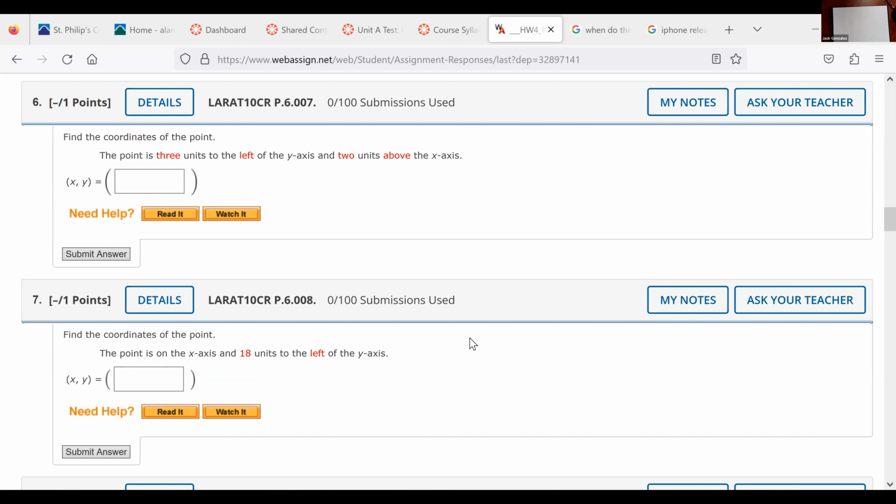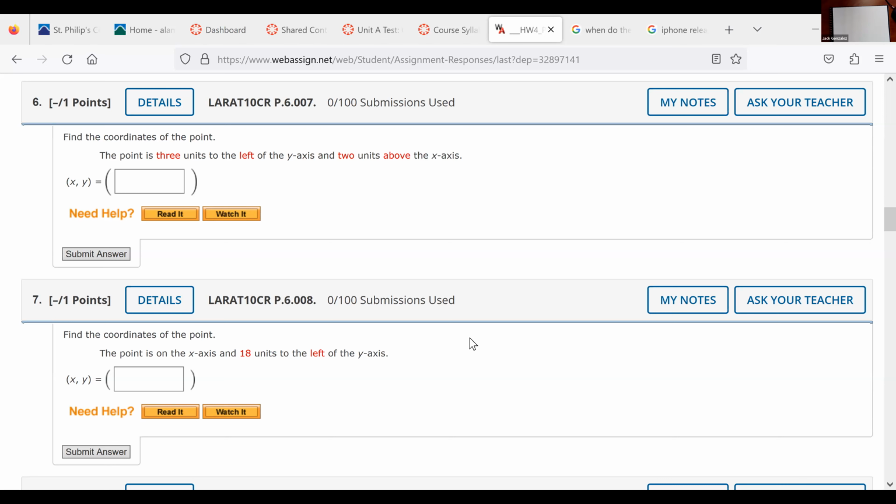Number 6, the point 3 units to the left of the y-axis and 2 units above the x-axis. Okay. So 1, 2, 3, 4, 5. -1, -2, -3, -4, -5. X-axis, y-axis, right?